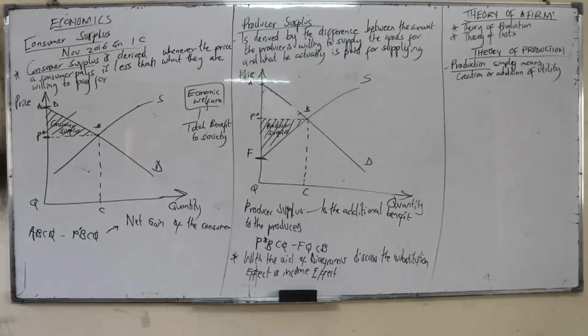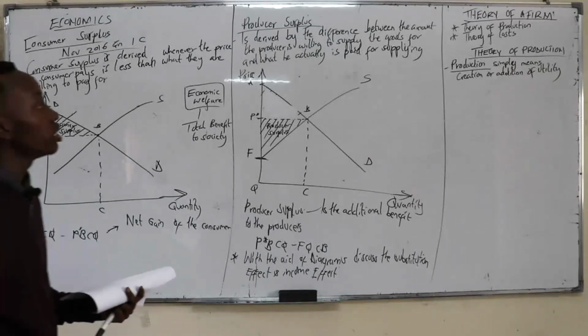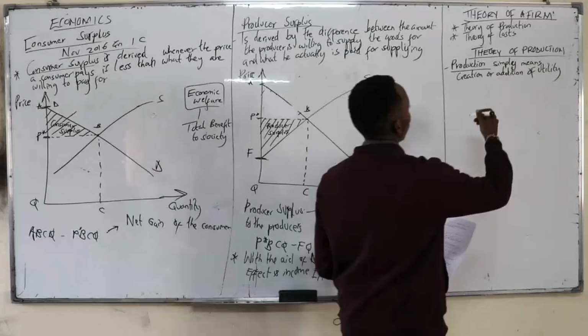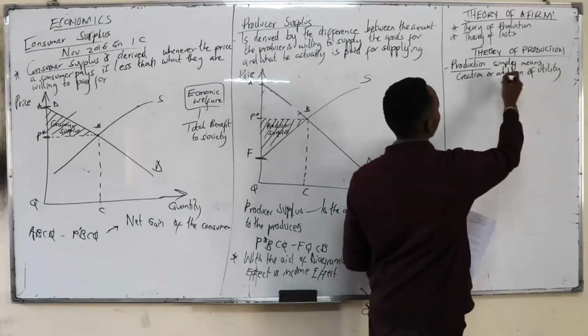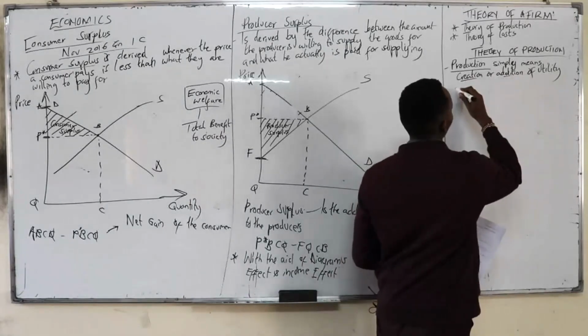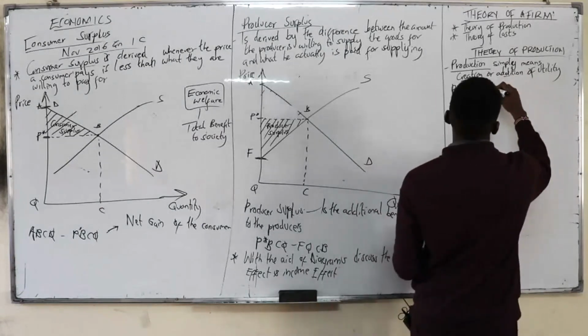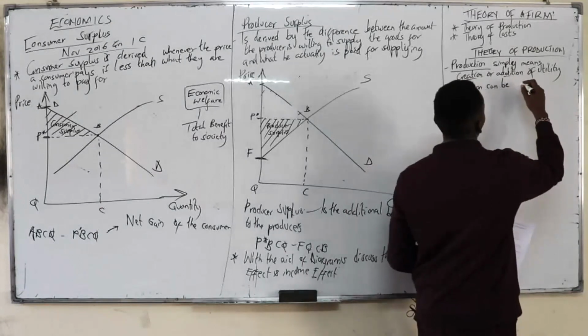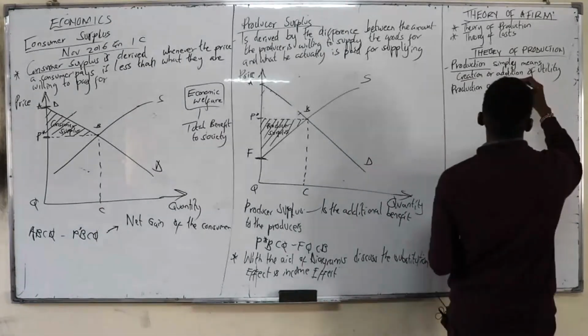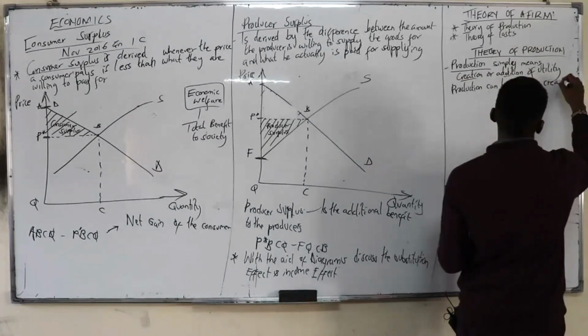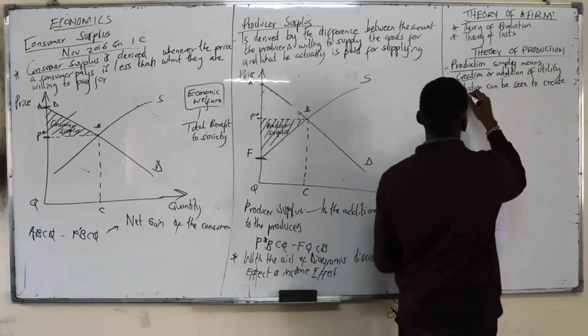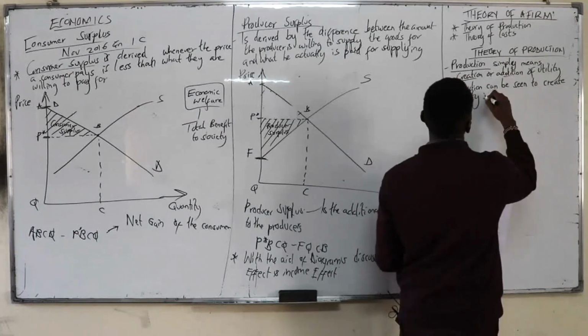So production can be categorized also into either form utility, place utility, or time utility. So how does it create or add utility? You can say production can be seen to create utility in different ways.